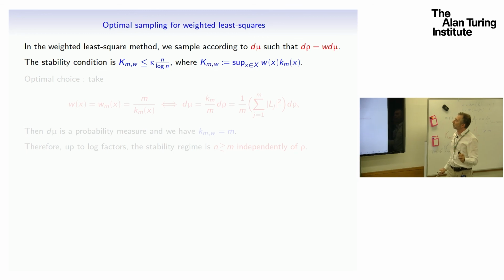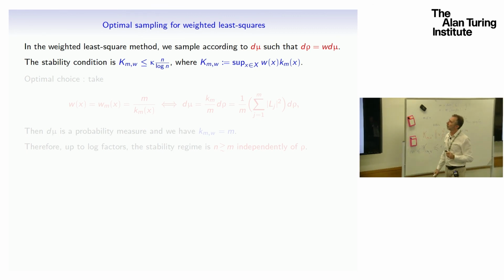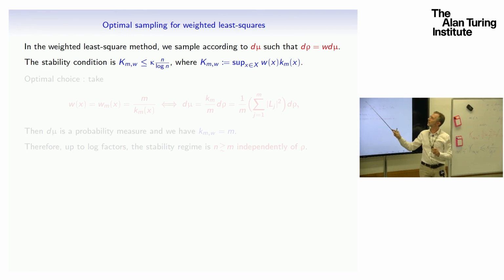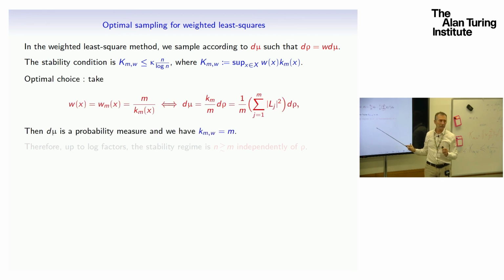So this is what we are going to solve now by using these weights. Why? So recall that we sample according to d mu under this condition, and that our stability condition is given by this. Okay? So now let's do something which is completely obvious.